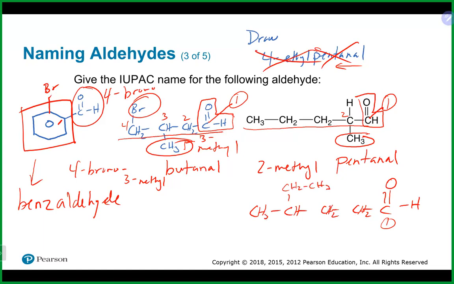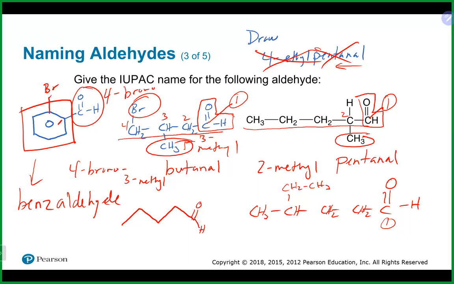Once again, if you were going to draw a line structure, it's kind of the same idea. You would start with the 5, so 1, 2, 3, 4, 5. And again, here we would want to put our aldehyde group at one end. You could do it like this if you like, but you should also draw the hydrogen.